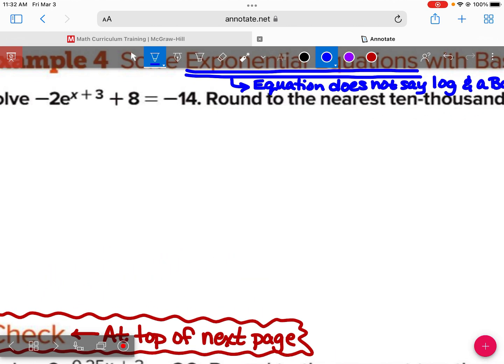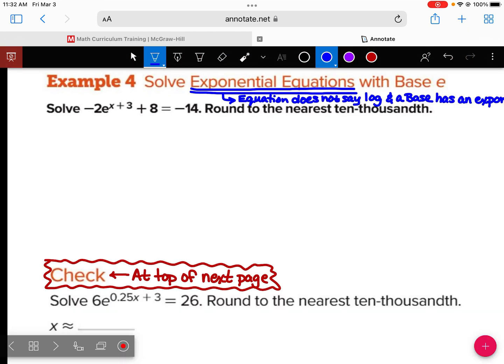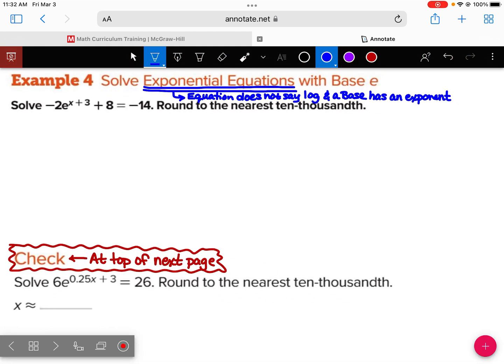What is the base? What is the thing with an exponent on it? What in this equation has an exponent on it? The e. The -2 doesn't have an exponent on it, but the e has an exponent on it. You're right, that -2 is connected to it, but specifically I want to look for what is the one piece that has those little numbers or letters up next to it.